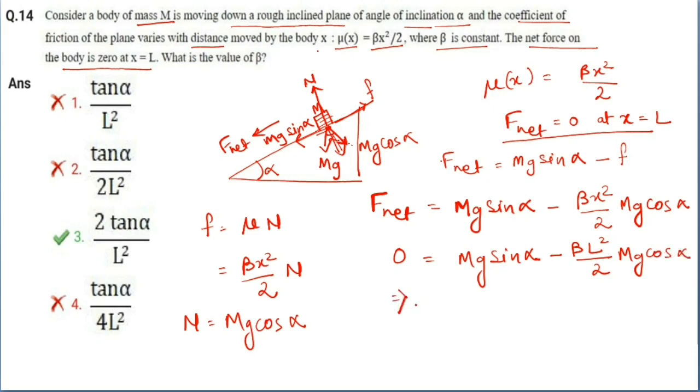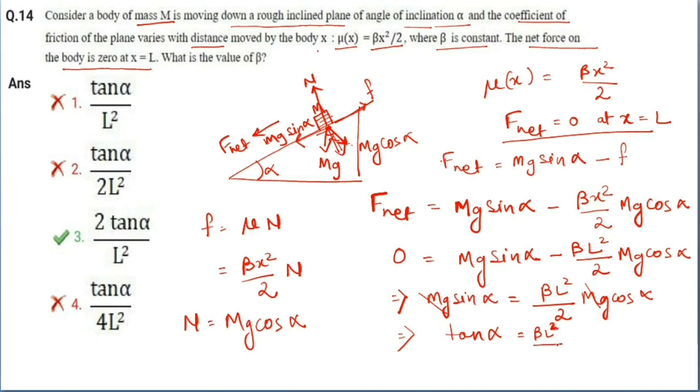Then we can write mg sin alpha equals beta L square by 2 mg cos alpha, right? Then mg and mg cancel with each other, and sin alpha divided by cos alpha is tan alpha, so tan alpha is equal to beta L square by 2. We have to calculate the value of beta, and from this equation beta is equal to 2 tan alpha divided by L square.